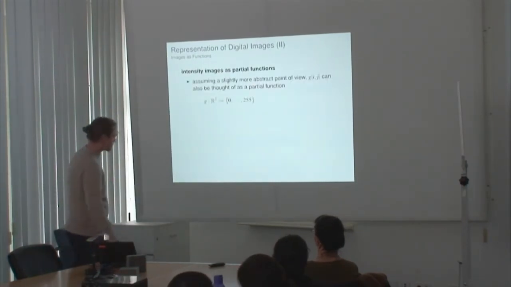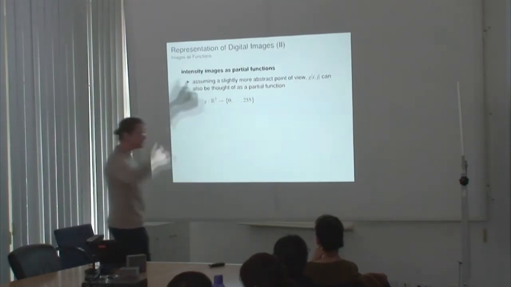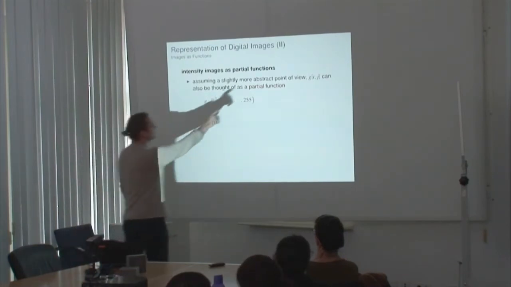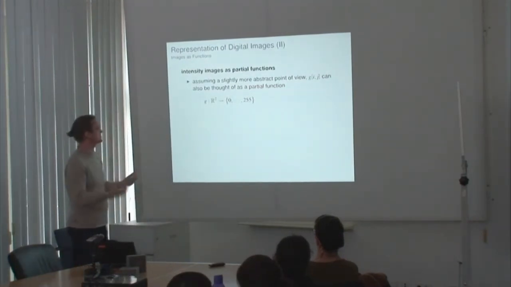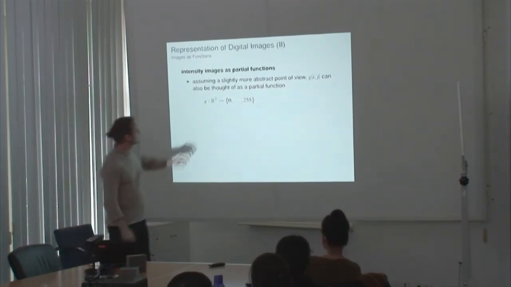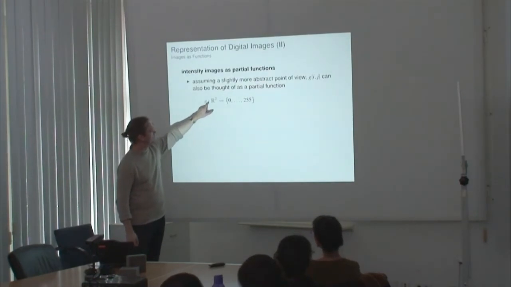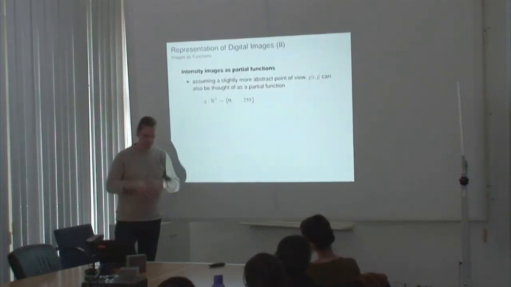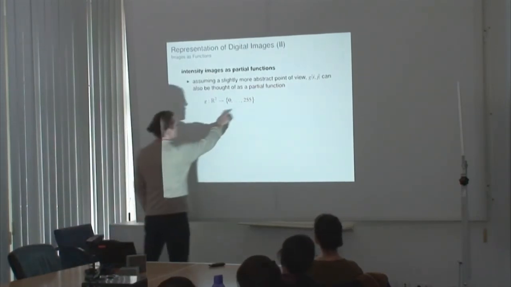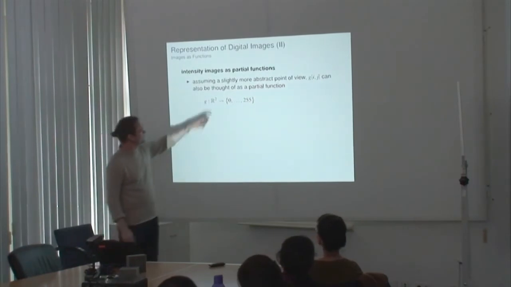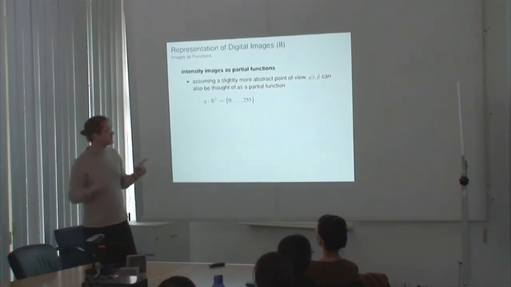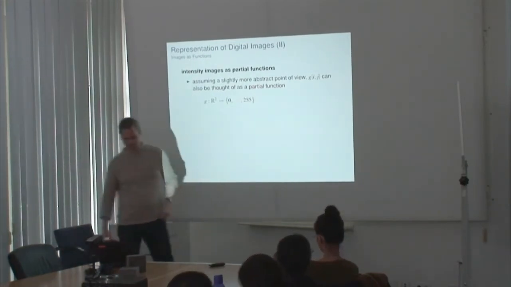We may take yet another step back and think of the discrete images or discrete functions in terms of partial functions. That is to say, we can think of an image as something that maps the plane R2 to intensity values. But instead of a straight arrow, we have this curly arrow here, which I am using to indicate a partial function.